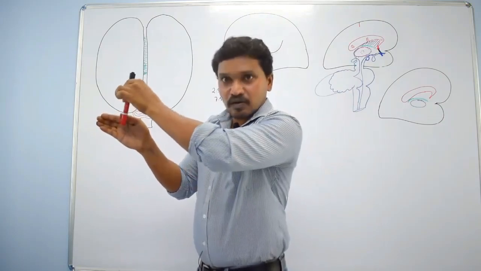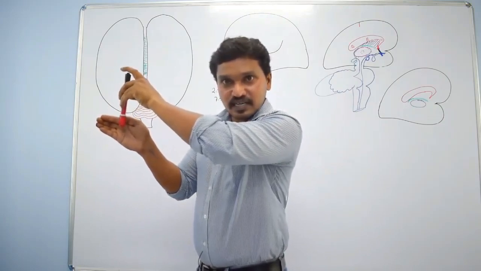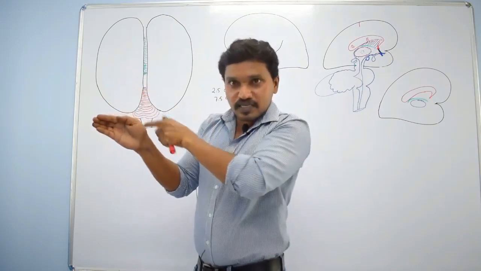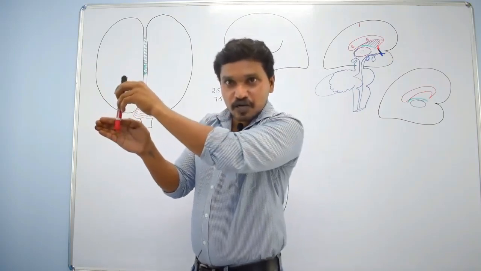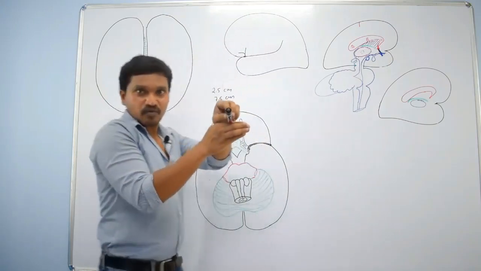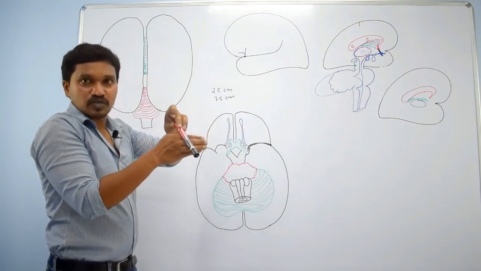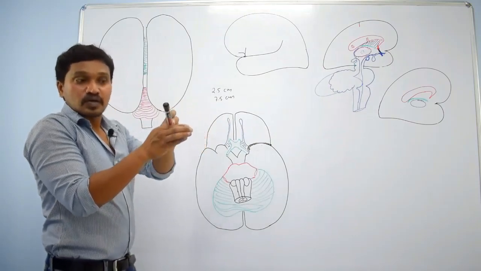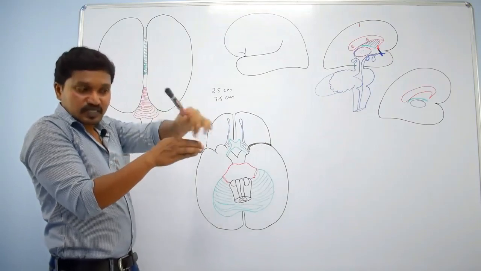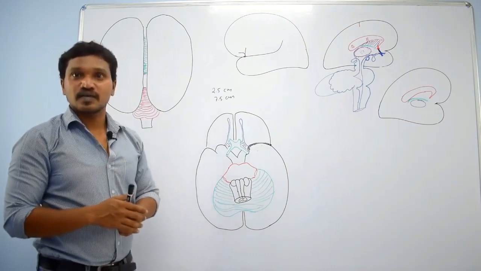Here is the central sulcus. It winds around this border, which we have already discussed, the superior medial border. After winding around, it runs downwards and forwards in the superior lateral surface.